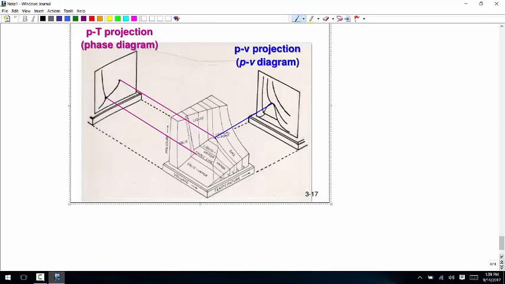So if we do the projection where we're not looking at the volume, so we're looking at a plot of pressure and temperature, you get this thing.